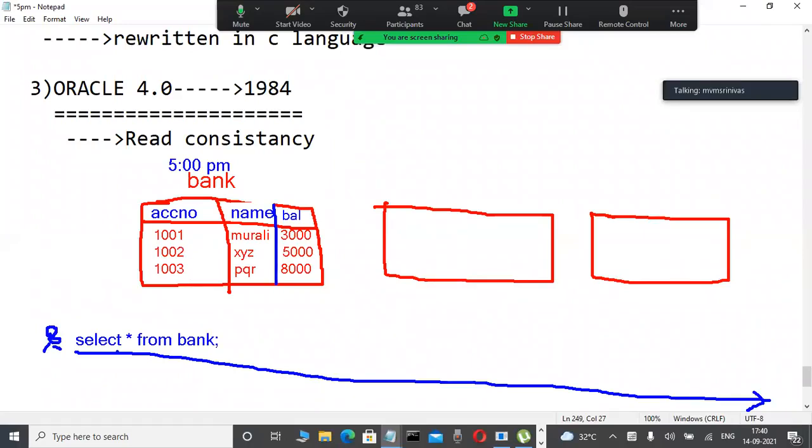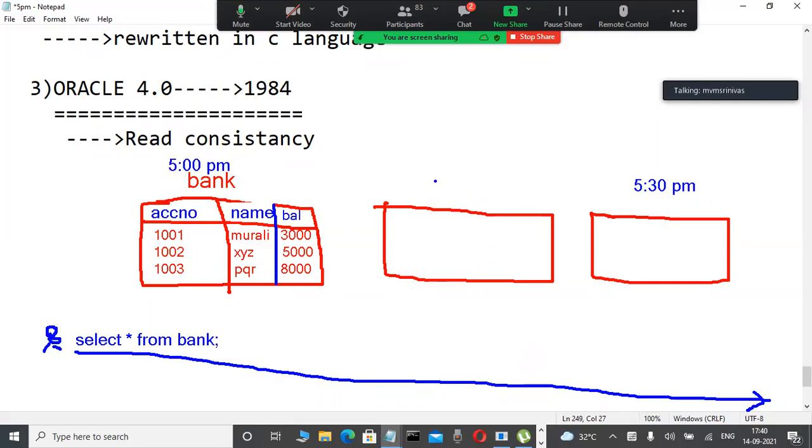Whenever they request select star from bank, maybe it will take up to 5:30 PM, half an hour, for example. Up to 5:30 PM, whatever data is there, so much data is there.